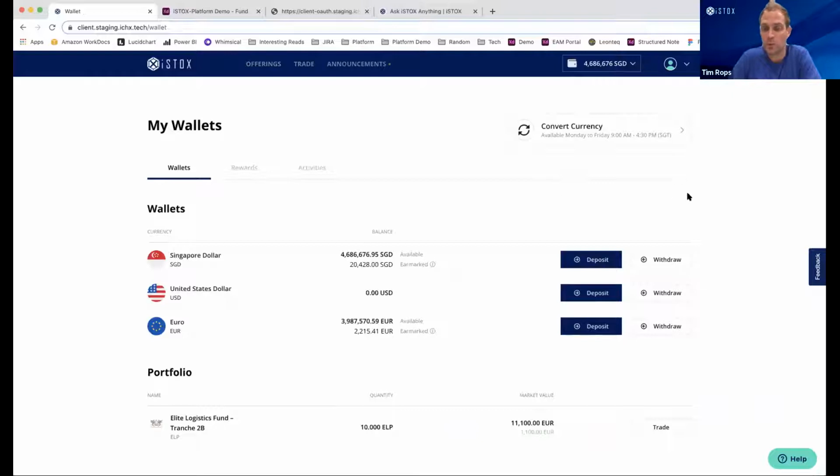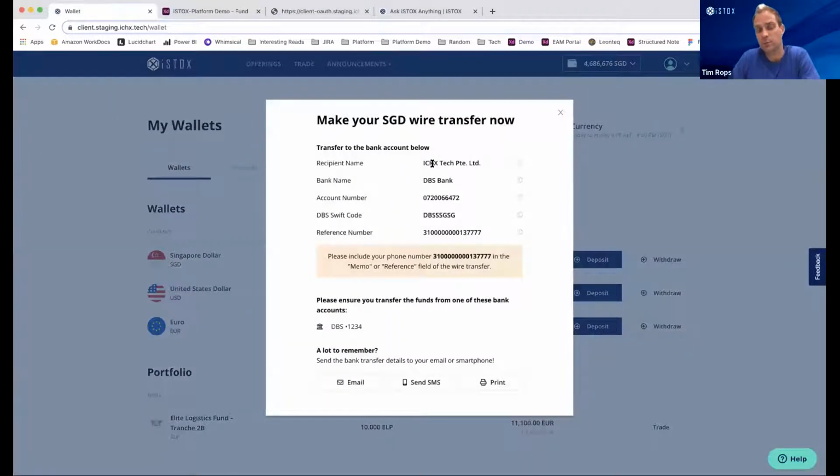The way it works on our end is that we keep all of our funds with a DBS Trust account, effectively to safeguard your own investments. Assume you want to fund your wallet in Singapore dollars. You will simply hit deposit, and that will give you the bank account at DBS.